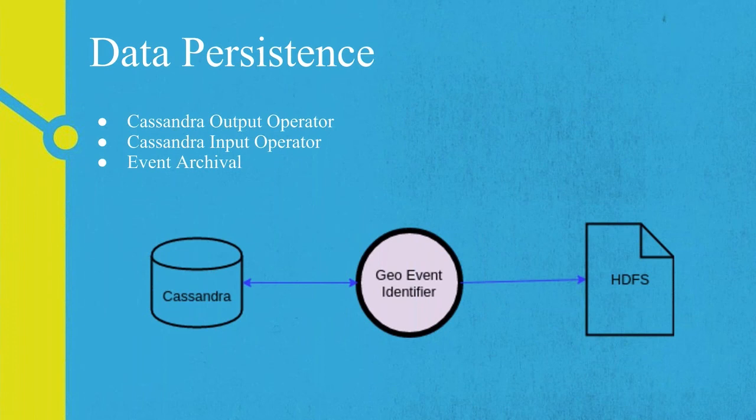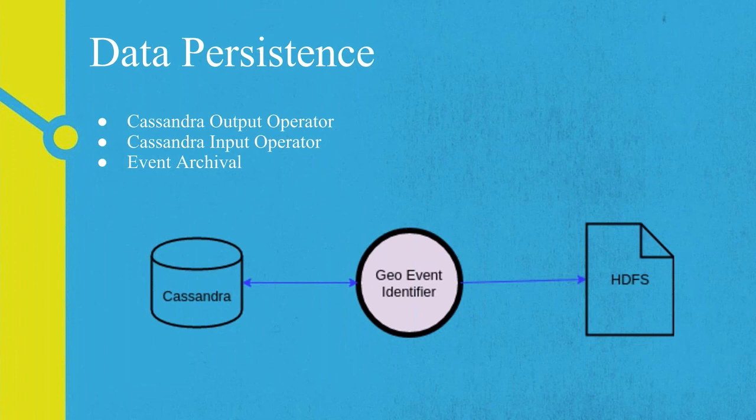For data persistence, each update we receive from the devices is enriched using data from Cassandra. We have our own Cassandra output operator and Cassandra input operator, which help us to enrich that data.